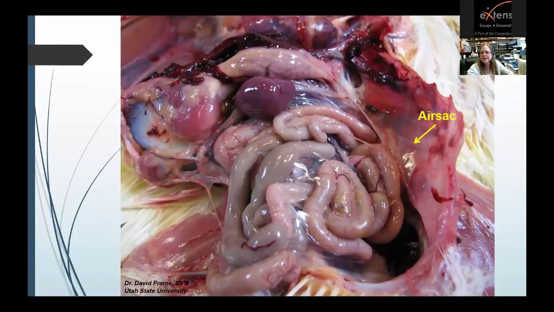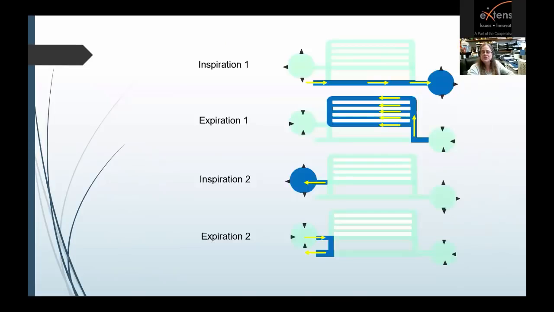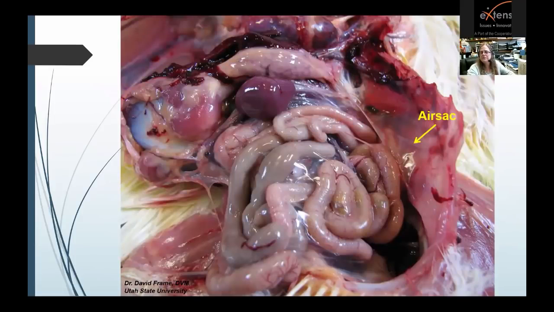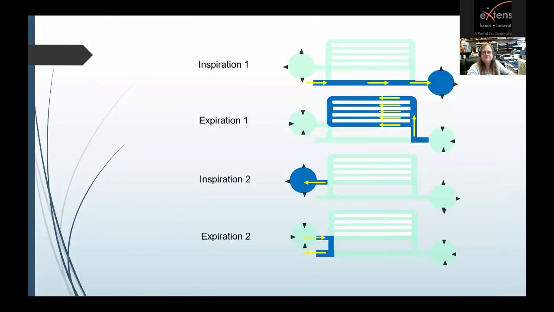The air sacs are within the body cavities, although some of them extend into some bones known as pneumatic bones, where they replace the bone marrow. So this also provides reduced weight of the bones because it has air in it.